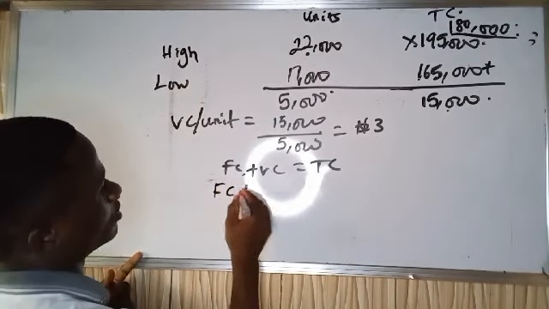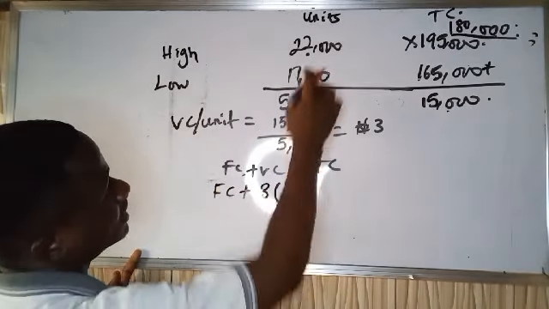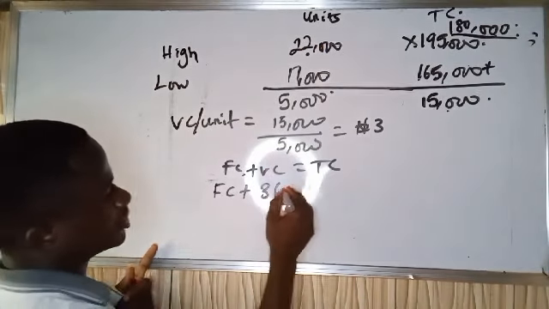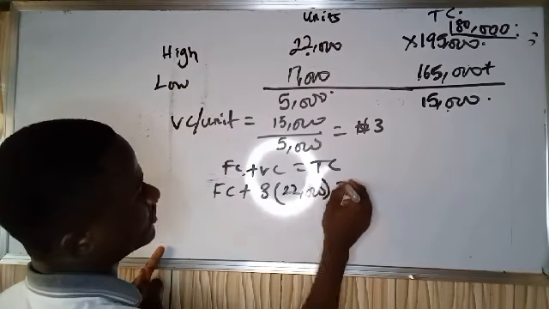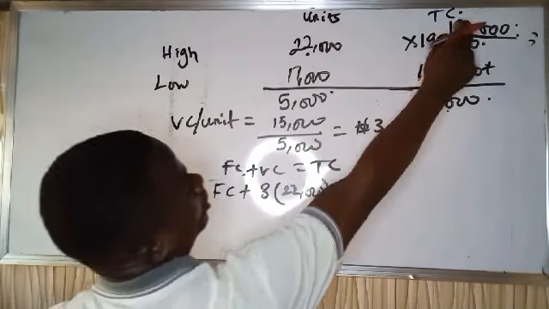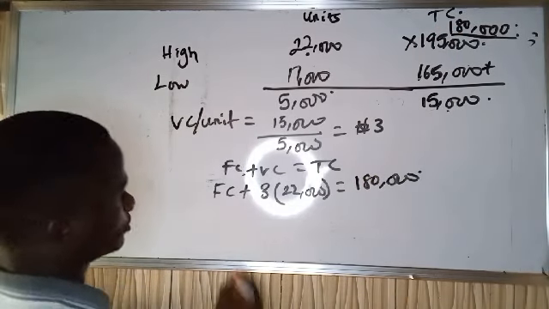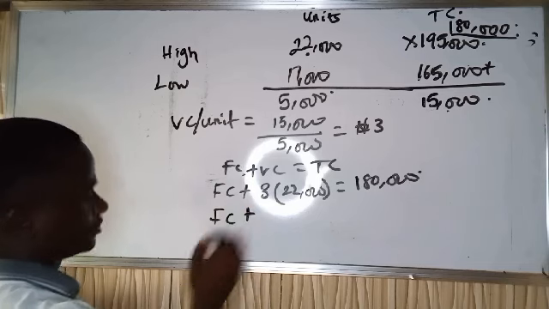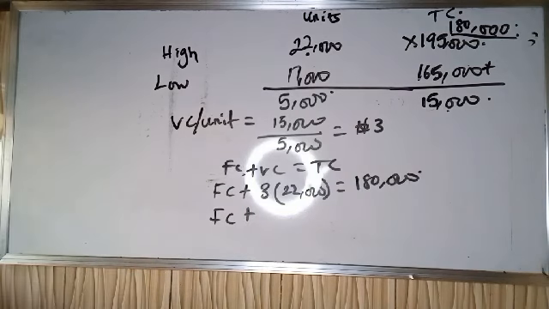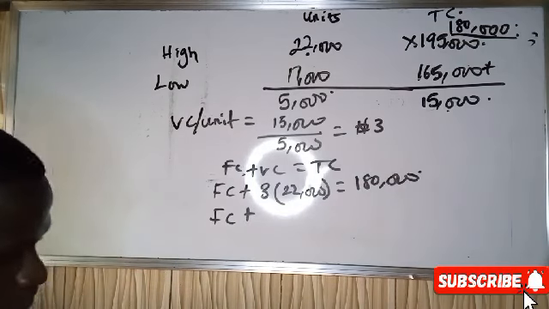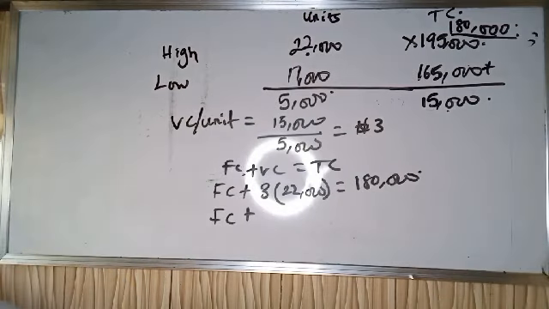So fixed cost plus variable cost per unit of 3 times how many units did I produce? 22,000. Everything must be equal to total cost, which is how much? 180,000. So fixed cost plus 3 times 22,000, and that will give me 66,000.